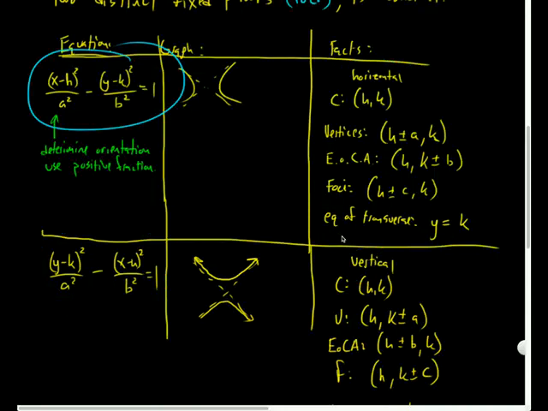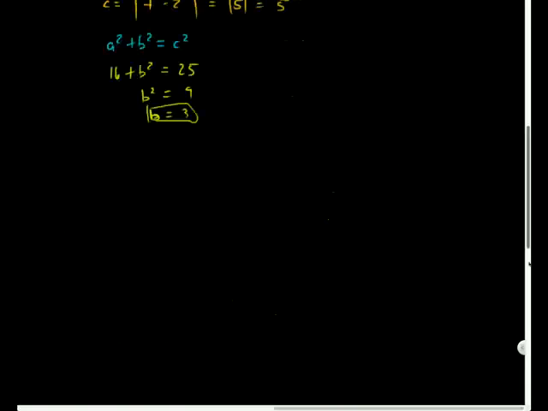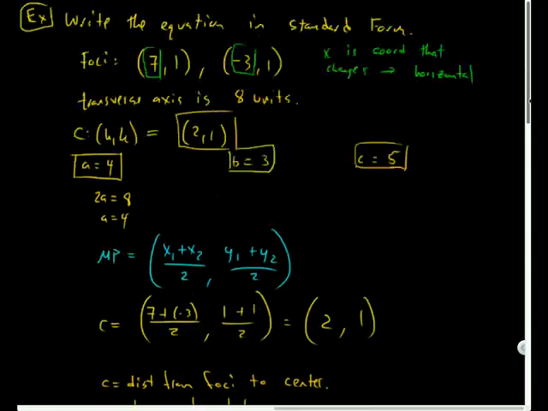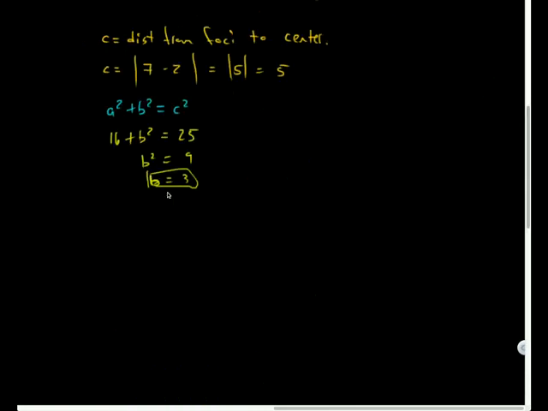Because I know this is horizontally oriented, I'm going to pick the first of the 2 equations. That one is x minus h squared all over a squared, minus y minus k squared all over b squared, equals 1.